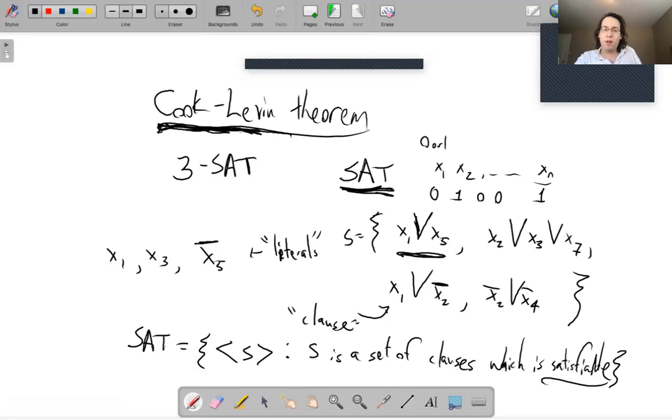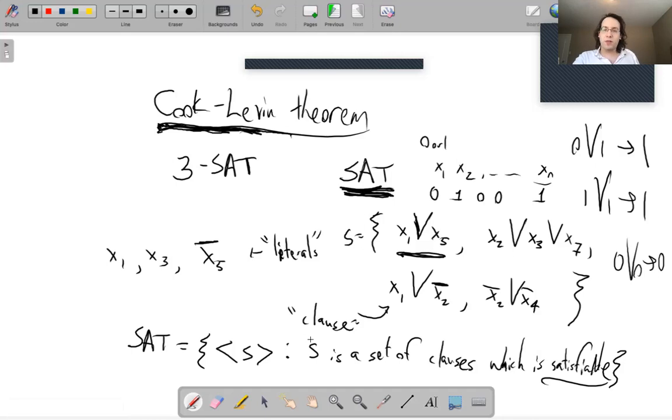Remember, 0 or 1 evaluates to 1, and 1 or 1 evaluates to 1. But 0 or 0 evaluates to 0. I want everything to evaluate to 1, to true.